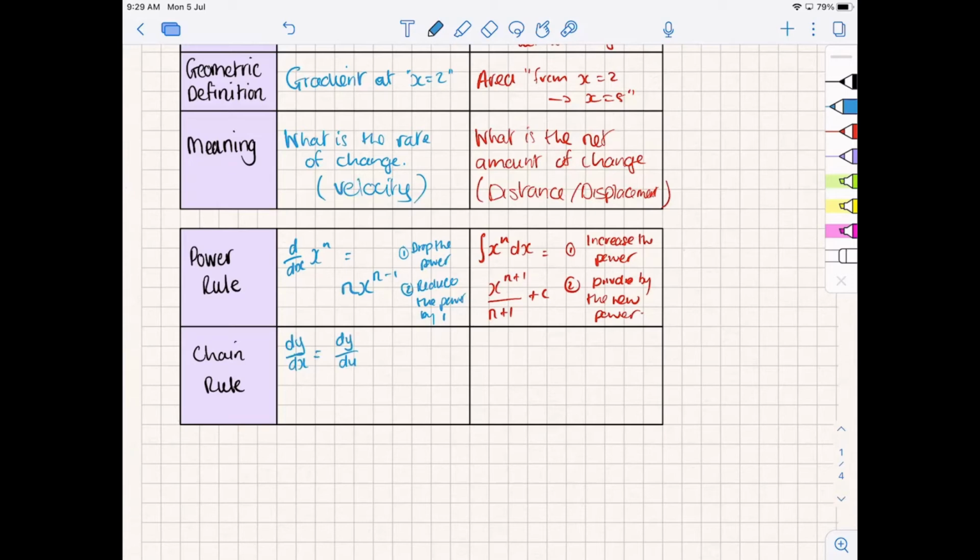Then I differentiate that, and multiply by whatever the derivative is inside that bracket, and it will give me the derivative.